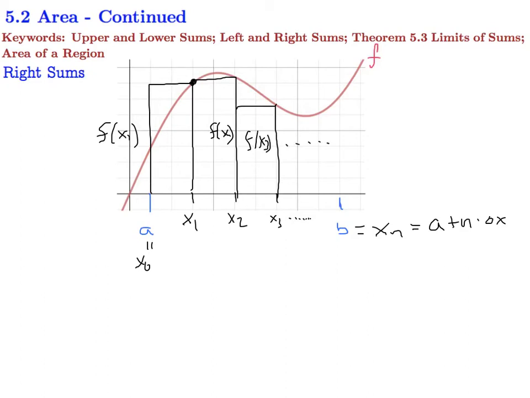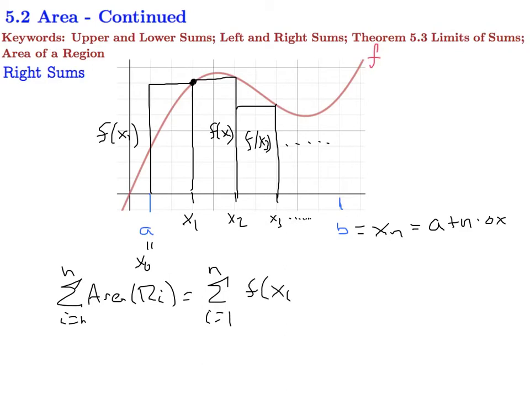So now I started with this idea that I want to add up these rectangles, their areas, and I can represent these areas as a height f of xi times a width delta x. And so now I have a really nice pattern that lets me compute the right sum approximation for this function.